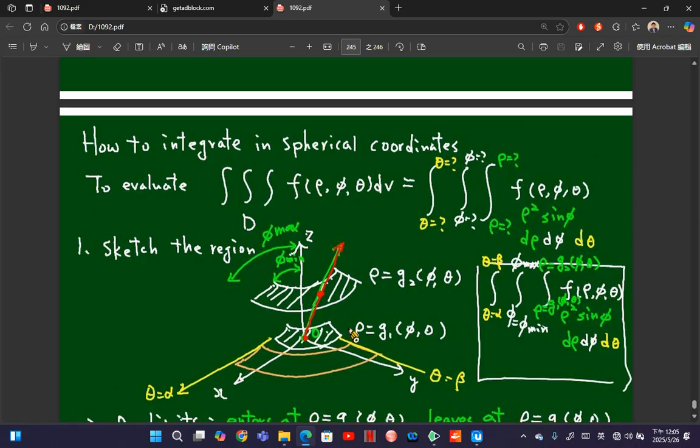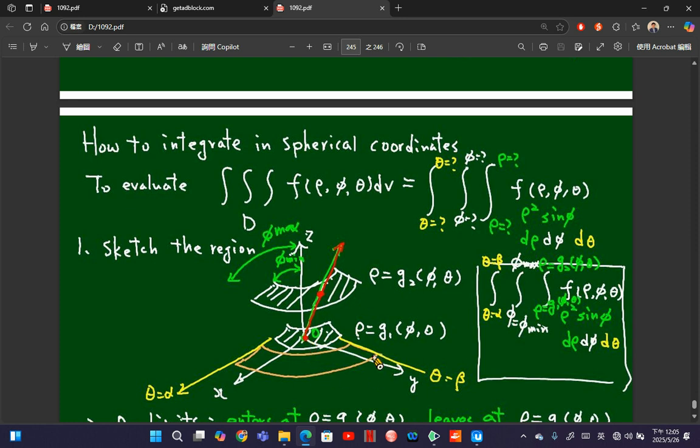Again, you must have rho equal to g2 of phi, theta, and rho equal to g1 of phi, theta. This is the bottom, this is the top. Then you just emit a ray from the origin toward the region.